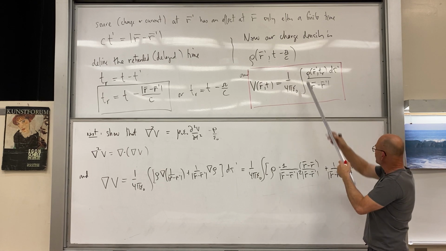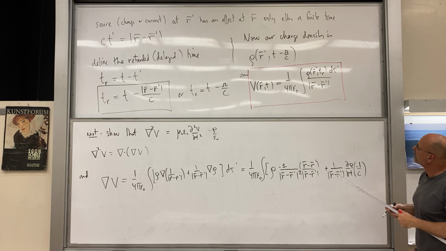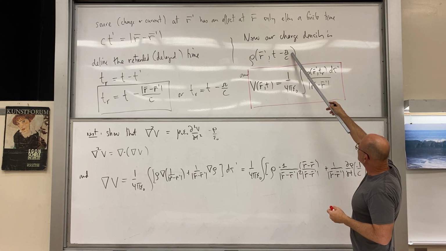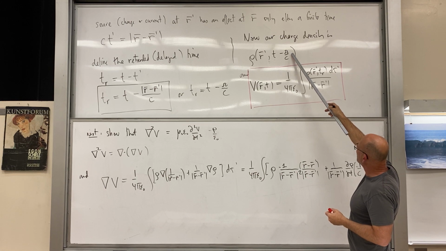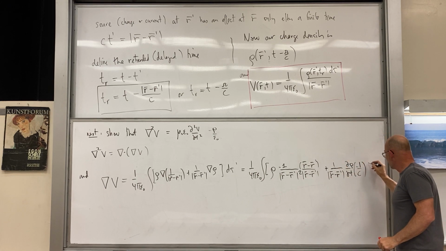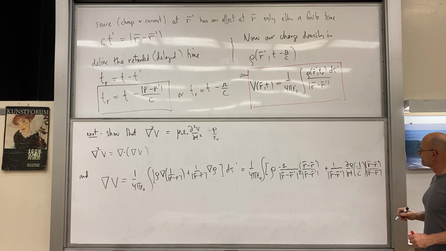I'm going to have a chain rule with a minus 1 over c, and then the gradient of that magnitude of r minus r prime, which again is the vector r minus r prime divided by its magnitude. Close parentheses, d tau.